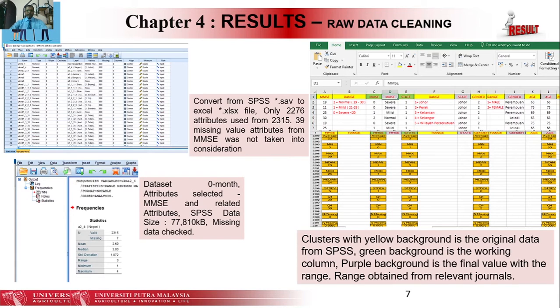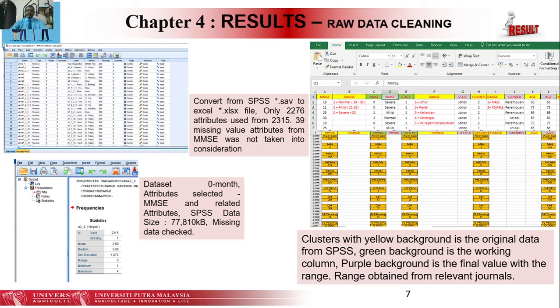For these studies, only 0 month attributes are selected. We have eliminated 18 months and 36 months data. Since our study is only to detect or predict early MCI, we are only going to use MMSE. MMSE data was taken, and when we check it, it has 39 missing values attributes.